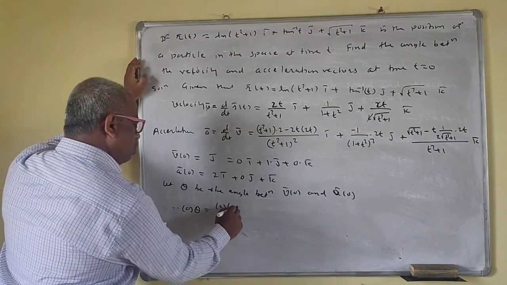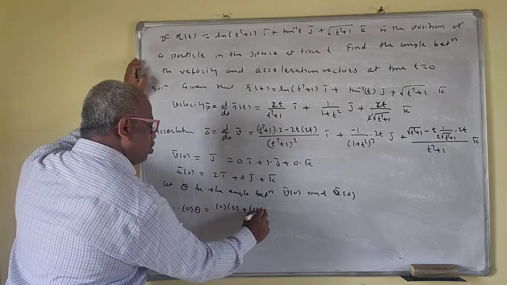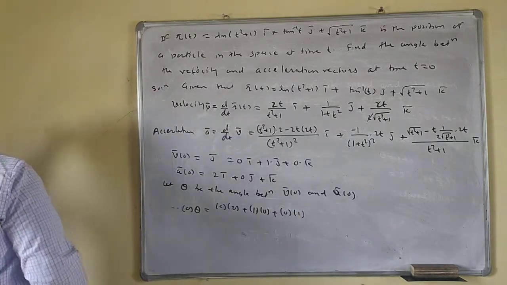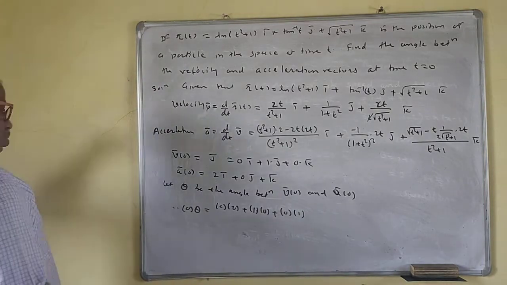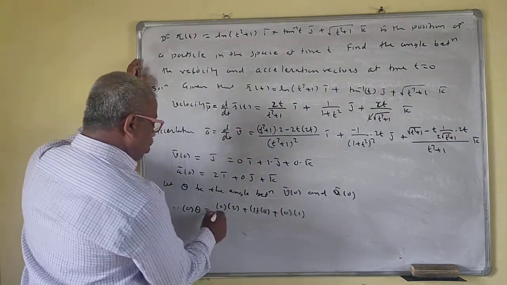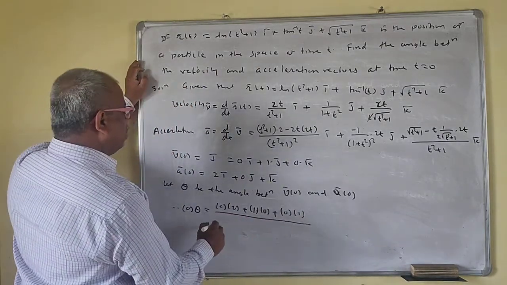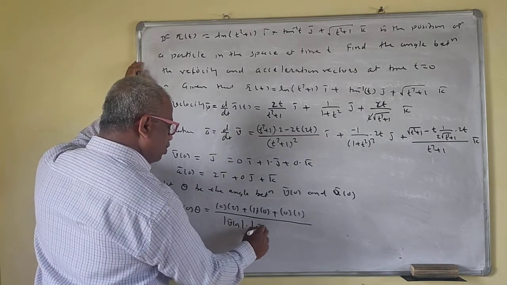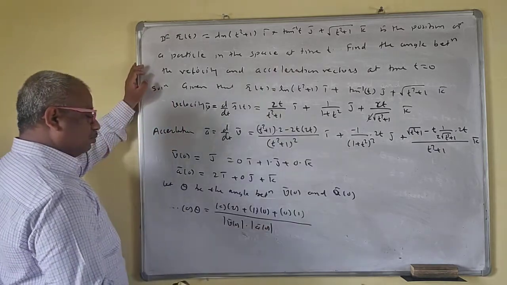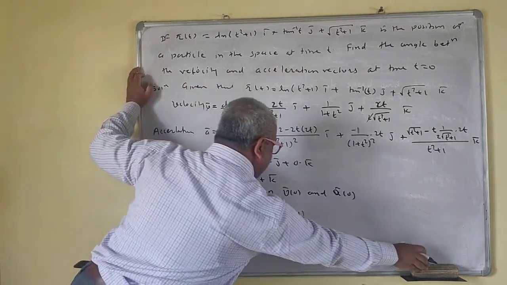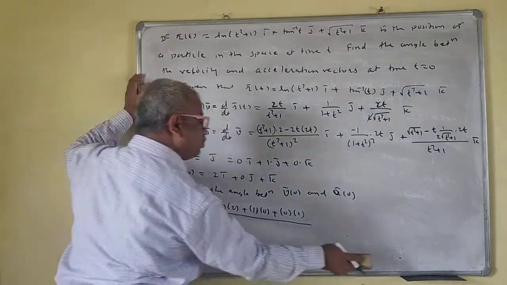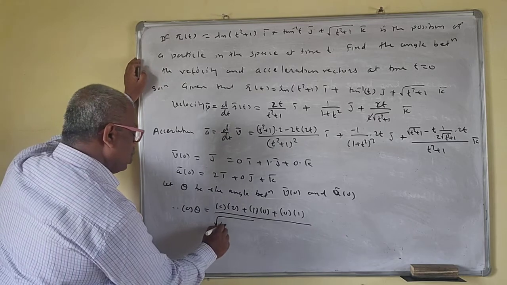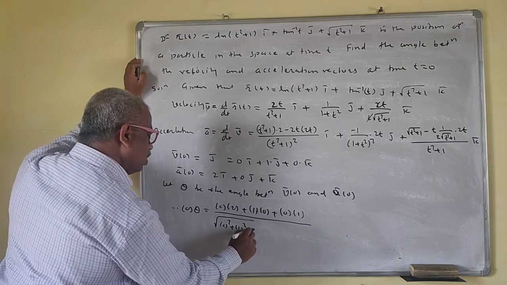This is what? 0 into 2 plus 1 into 0 plus 0 into 1, upon mod of v bar of 0 into mod of a bar of 0. Or you may write the root of component square. So this is 0 square plus 1 square plus 0 square.